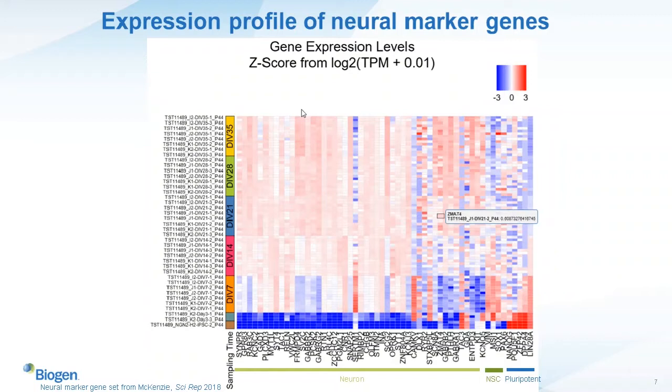Neural stem cell markers are not expressed in undifferentiated iPSCs, but the expression was turned on in day 3 samples, then eventually goes down with time. Most neuron markers are not expressed in undifferentiated iPSCs and day 3 samples, and then start expressing at DIV7 and tend to go up with time.